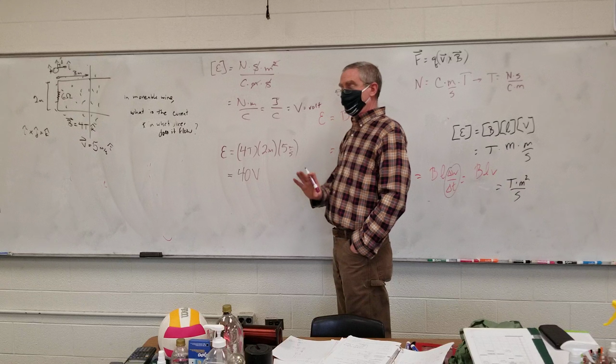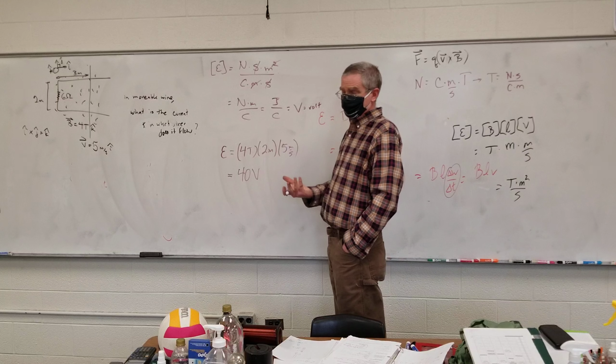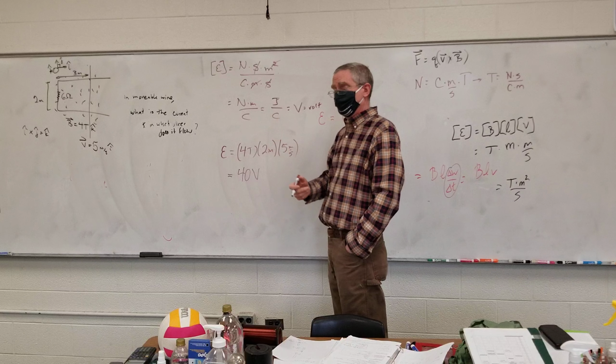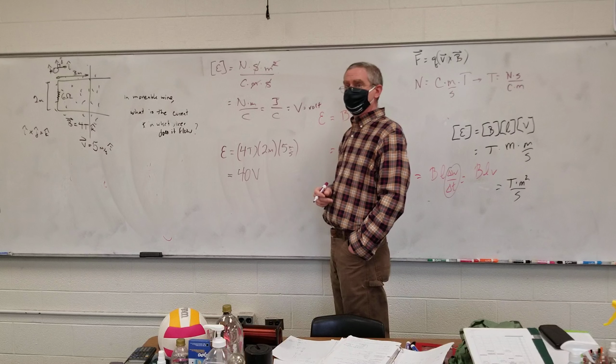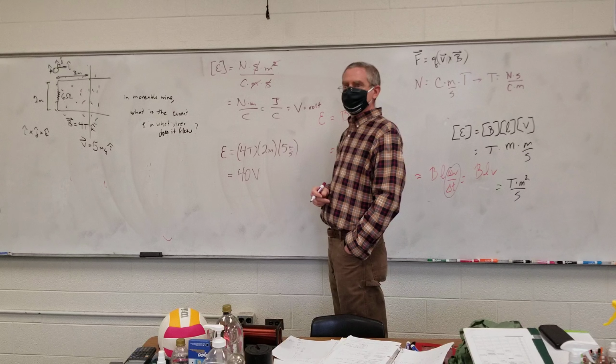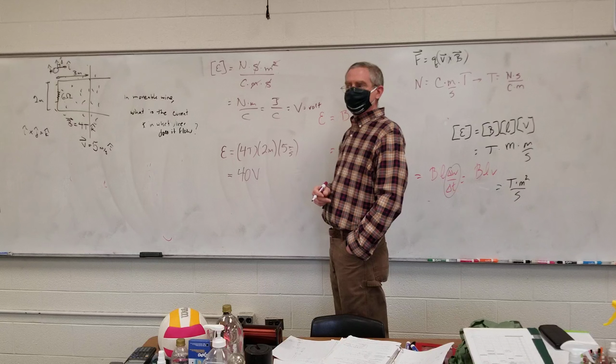Now, we have not answered the question yet, but this is probably the hardest part. How do you find current now? Is it that formula that also has resistance in it?